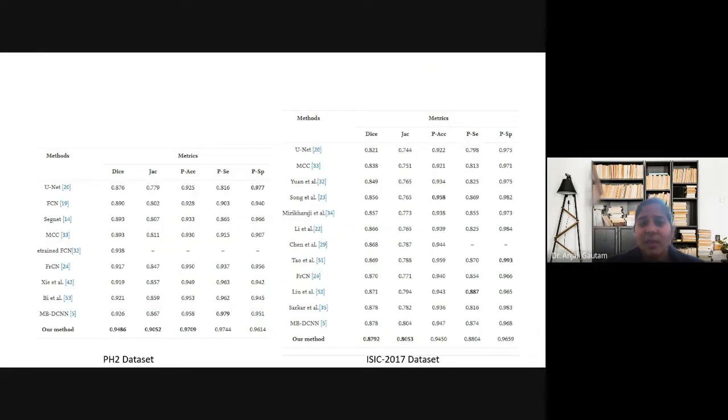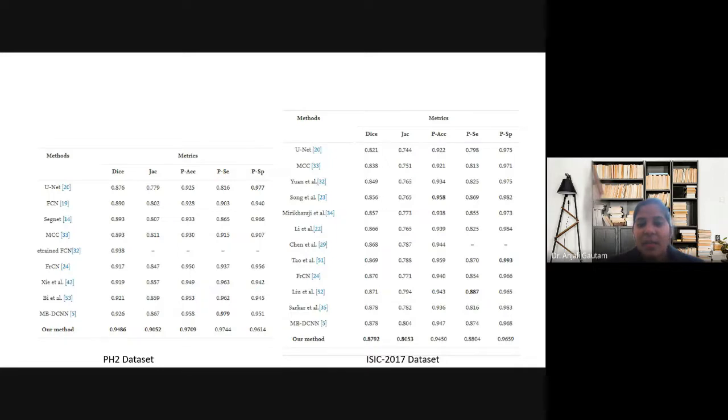These are some of the results they obtained on the PH2 dataset. The dice coefficient is the most important criterion in segmentation to find out how accurate your methodology is. They obtained a dice coefficient of 0.9486, which means if you want to work on it, there is a chance you can improve it.